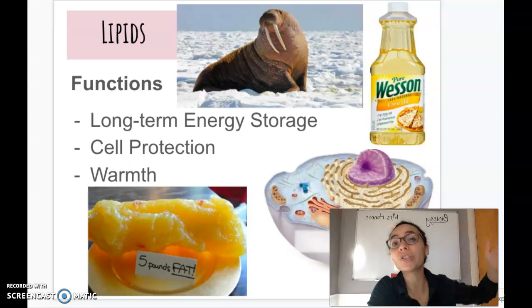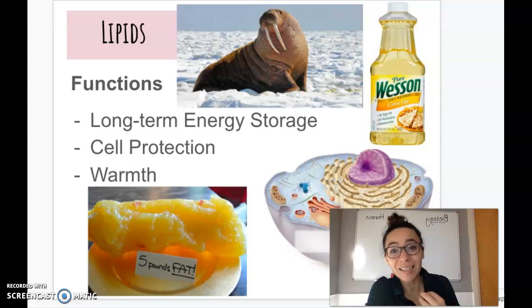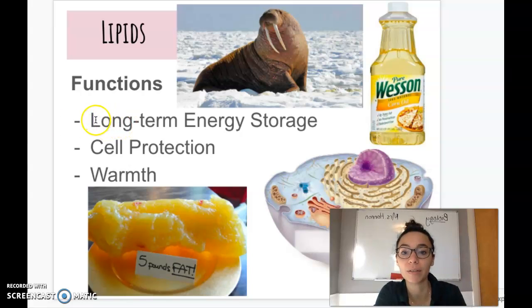Eating too much fat is bad, but we need some because they help our cells do a couple things. They function for long-term energy storage. So if there's a time where we don't have carbohydrates available, we can store energy later as fat, right? That's good for you.